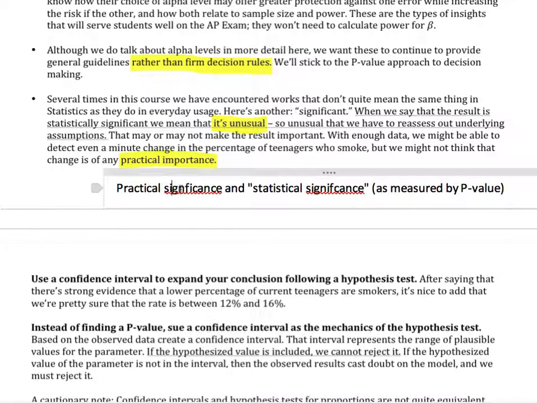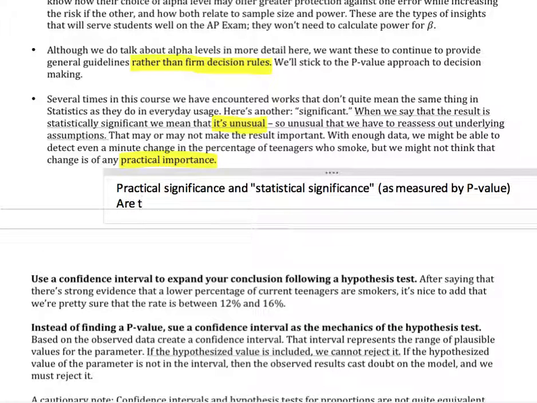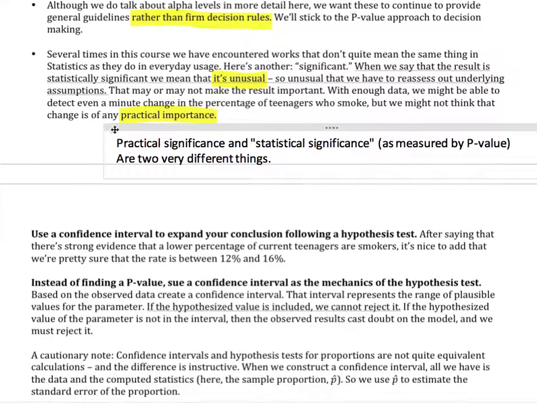Can't, of course, spell significance. Ha! Significance. There we go. Are two very different things. In a lot of problems, we're going to, of course, start out by seeing if a difference is statistically significant, and then we might have to think about, well, is it statistically significant enough? Or in other words, is it different enough to be practically significant? These are separate things, so make sure you're clear on that.